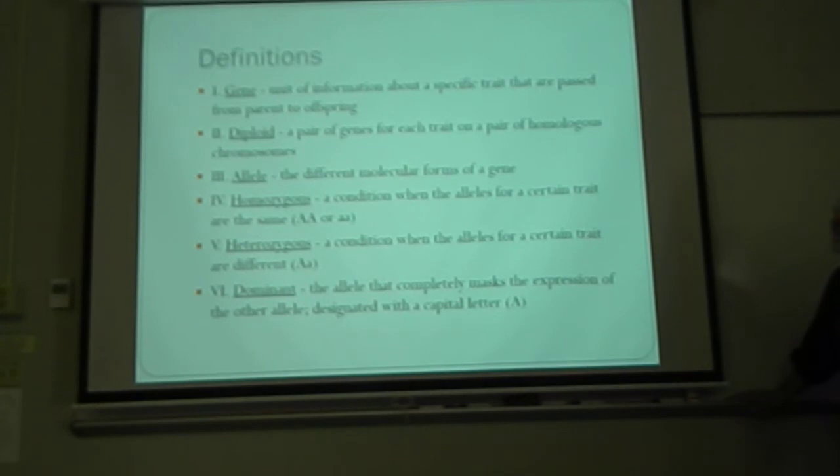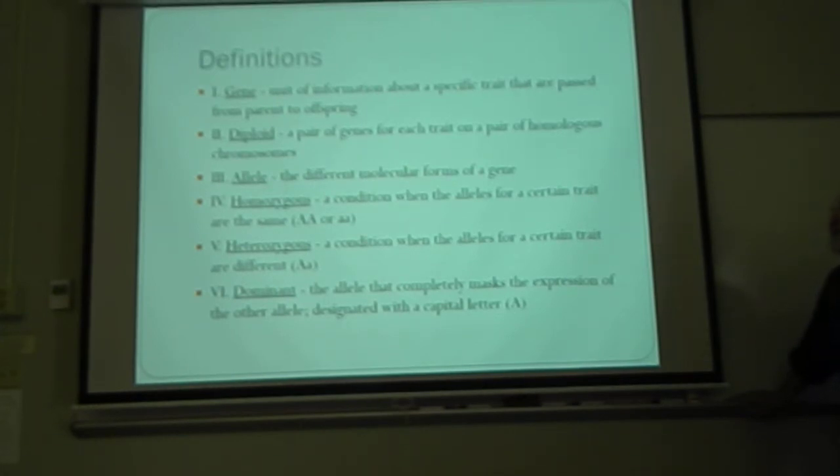Diploid, I think we used this term in chapter 8, but diploid is a pair of chromosomes, all right, two sets of chromosomes. An allele is the molecular form of a gene, all right, and normally there are two alleles that make up a trait, okay, and we'll look at that here in a second.